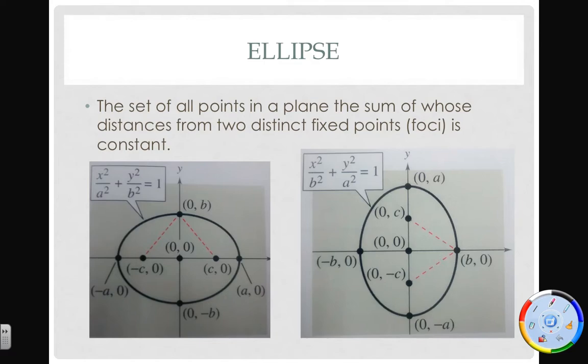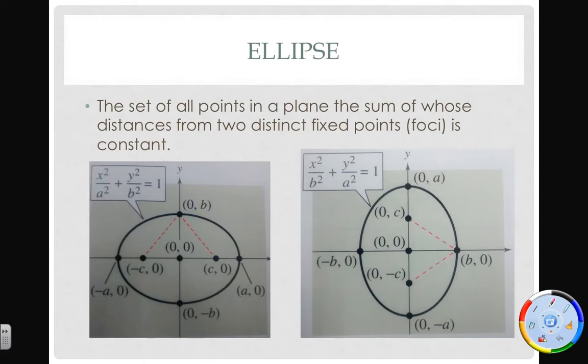On to an ellipse. So in this particular case, the ellipse is the set of all points in a plane, the sum of whose distances from two distinct points called the foci, so two focus points is called the foci for plural, is constant.